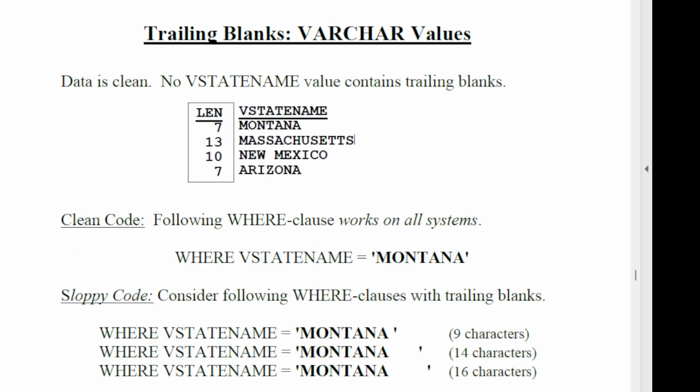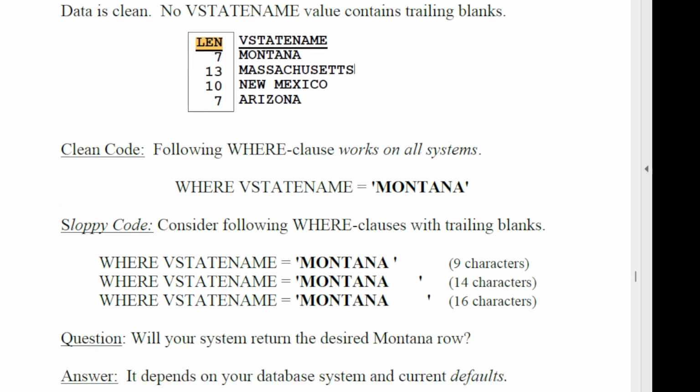Now, when we get over to VARCHAR values, as I said before, there are no trailing blanks because the system stores the length of the value. Now here again, as we did when we were looking at the pname column in the preserve table, we say where the variable, the column with the variable VARCHAR data type is equal to Montana.